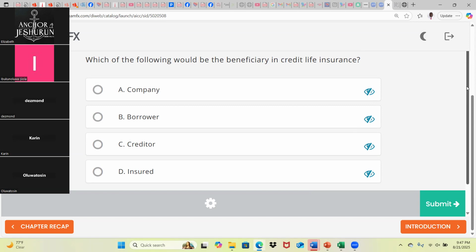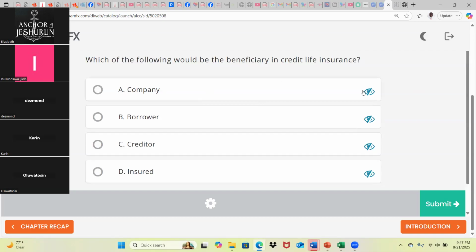It says, which of the following would be the beneficiary in credit life insurance? A, company. B, borrower. C, creditor. D, insured.